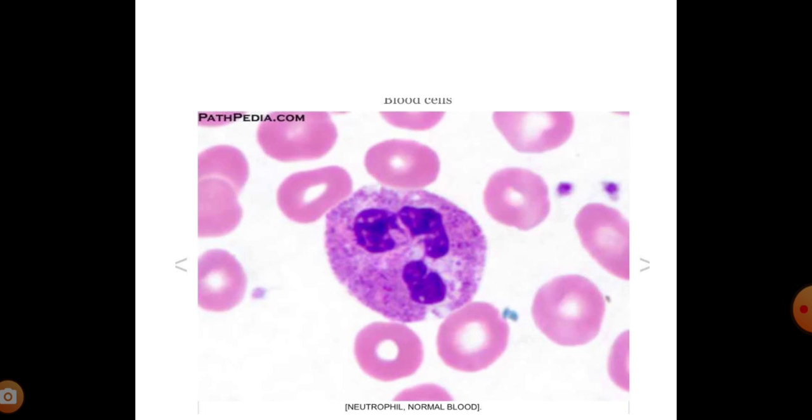Moving on to the next case. So what are you seeing here? This is a WBC which has 3 lobes, and the cytoplasm has few granules. So which WBC are you seeing here? This is a neutrophil. Neutrophil will have 3 to 5 lobes.